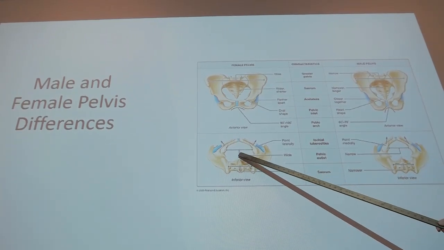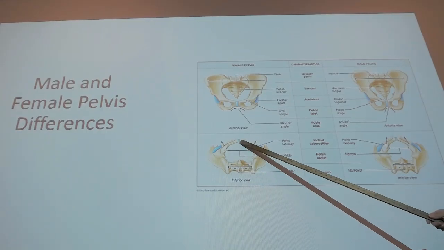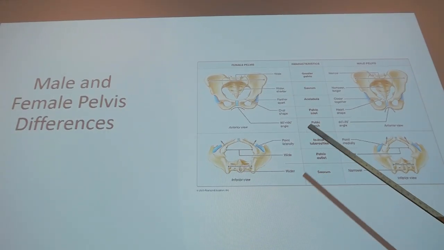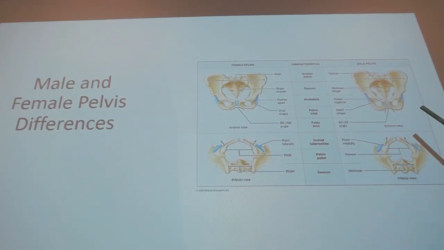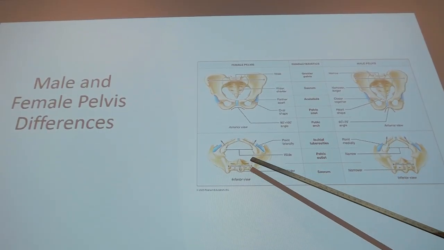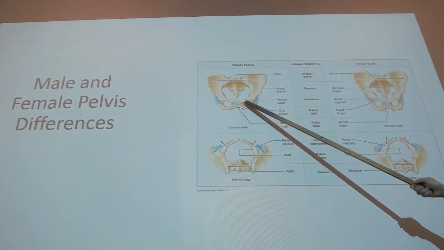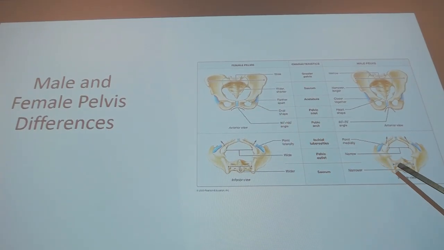Now, the pelvic outlet, which is this, in females is wide, in males is narrow. The sacrum is wider, as you saw before here, and in males is narrower.